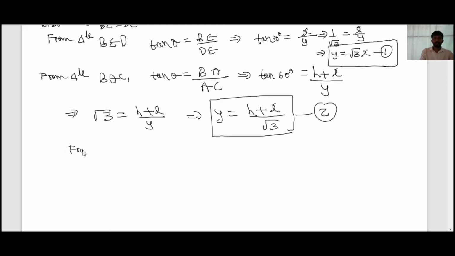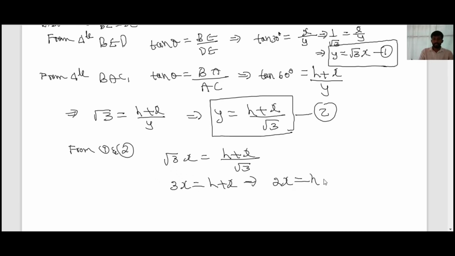From equation 1 and 2, y is equal to y, so you'll get root 3 x is equal to h plus x divided by root 3. Now cross multiply. Root 3 into root 3 is 3, so 3x is equal to h plus x. This implies 2x is equal to h.